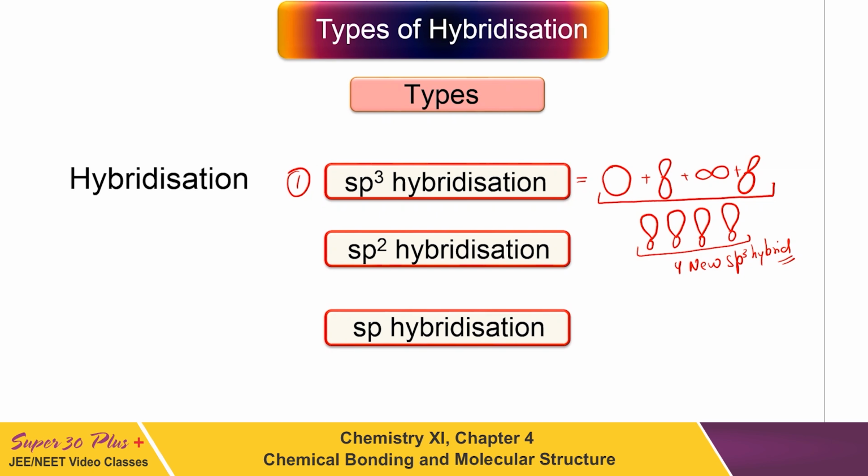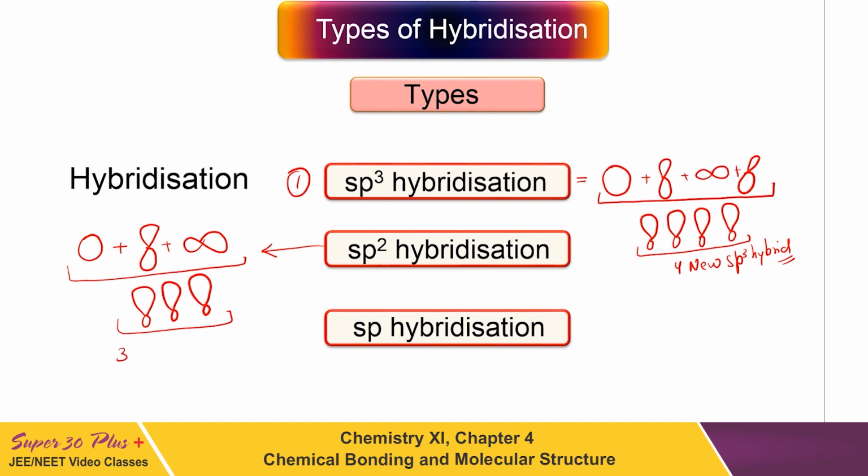Now you can check that all these 4 orbitals are of the same shape, same size, same energy. Similarly, in the sp2 hybridization, there is a participation of one s and just 2 p orbitals, not 3, 2. So 3 orbitals participated here and there will be a formation of 3 new sp2 hybrid orbitals.